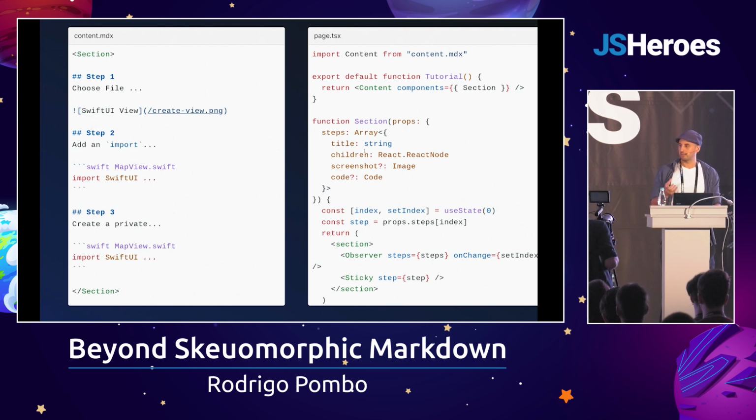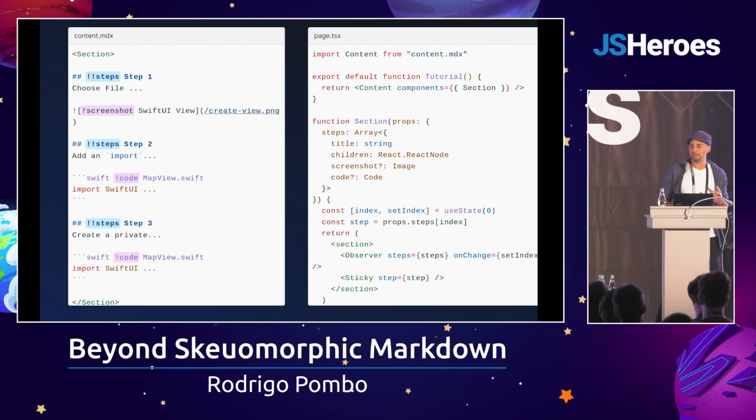So the question is, how do we do that? How do we give enough structure to Markdown without being too invasive, because we don't want to hurt the authoring experience of Markdown? My approach for the next version of CodeHike is to add little annotations to different nodes in Markdown, so we can then compile them into the structure we need.